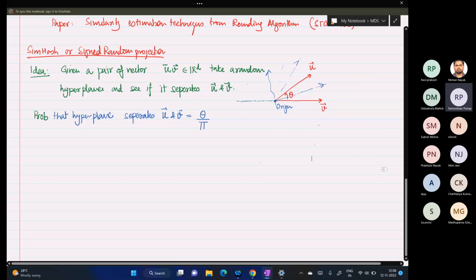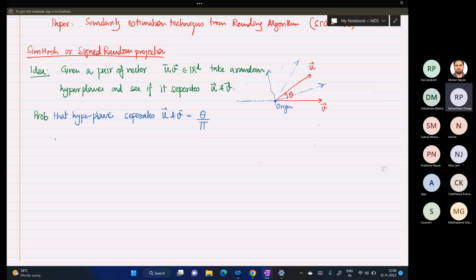Let r be a random vector, with each feature r_i sampled from a normal distribution with mean 0 and unit variance.